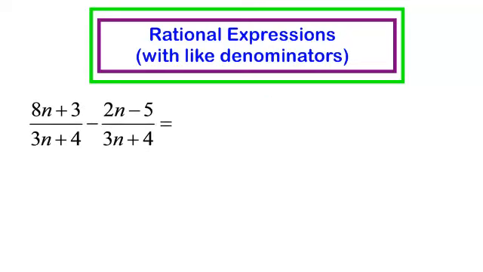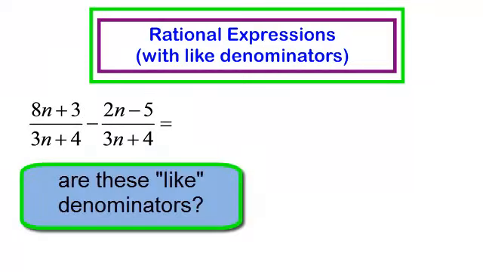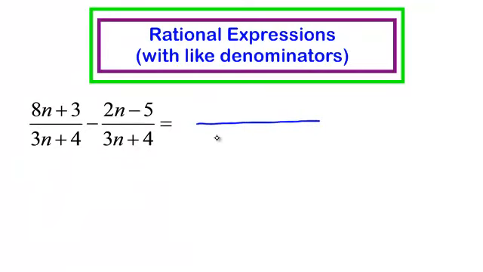8n plus 3 over 3n plus 4 minus 2n minus 5 over 3n plus 4. I am adding and subtracting, so I do need a like denominator, which I have. It is 3n plus 4. I know my answer will be over 3n plus 4. But in this one, you need to be careful.